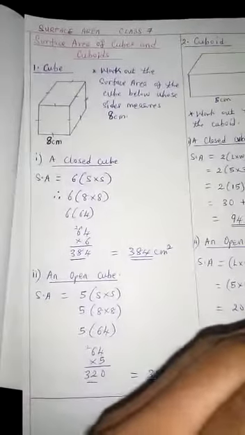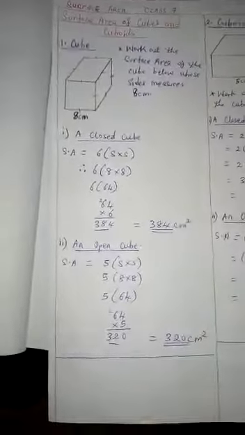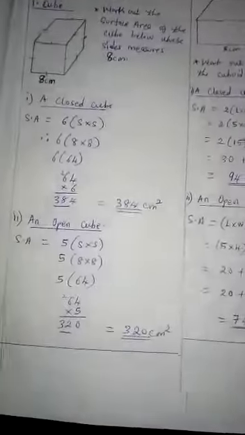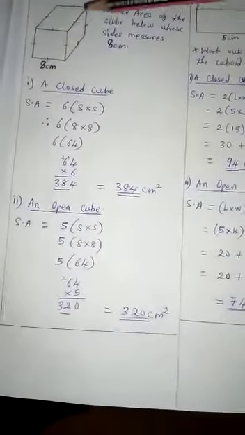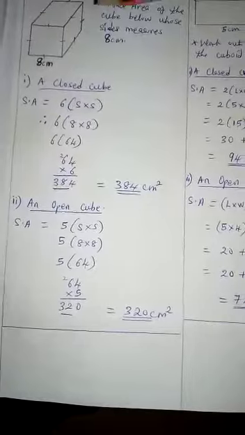We talk about a closed cube and also an open cube, or closed and open objects. In the case of a closed cube, we'll have 6 faces, and in the case of an open cube, we'll have 5 faces.